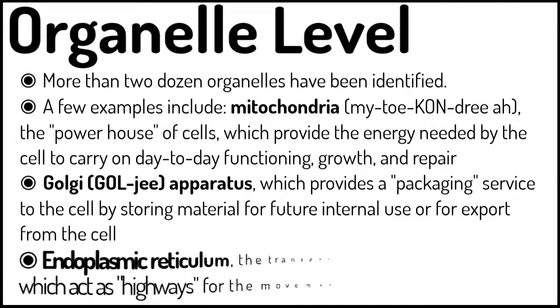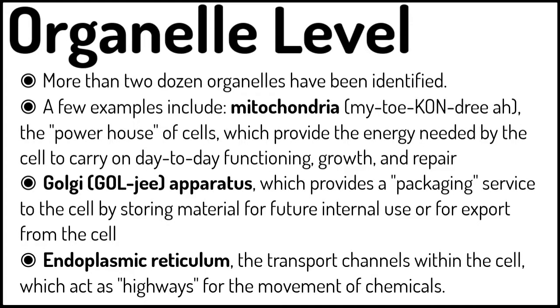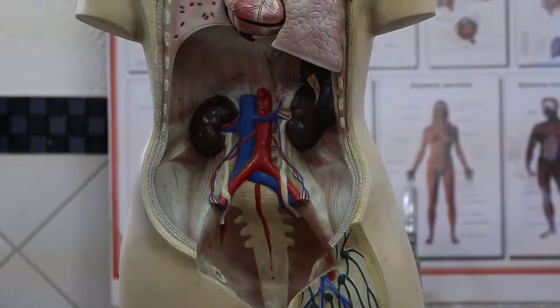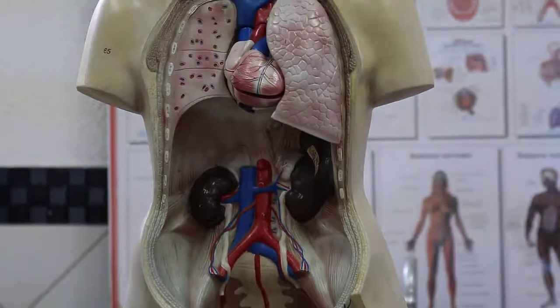And number 3, endoplasmic reticulum, the transport channel within the cell, which acts as highways for the movement of chemicals. In the upcoming videos, we will further learn about these and their functions.